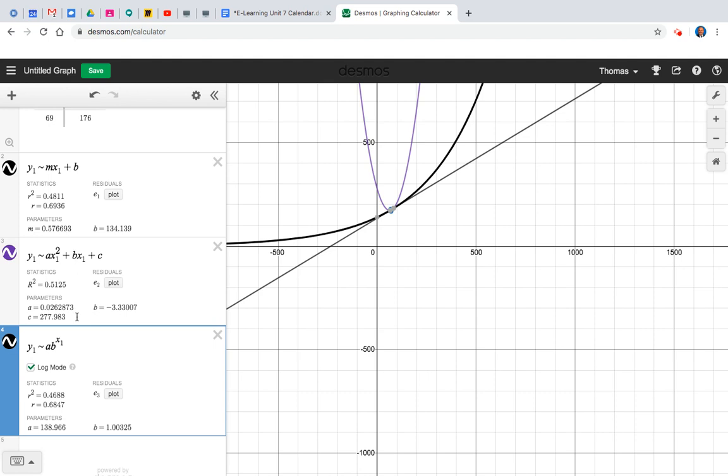B is -3.330, and then the C value is 277.983. Again, we're wanting to go to 3 decimal places. That's 3 numbers after the decimal point as a minimum default, unless the question otherwise specifies something other than that.